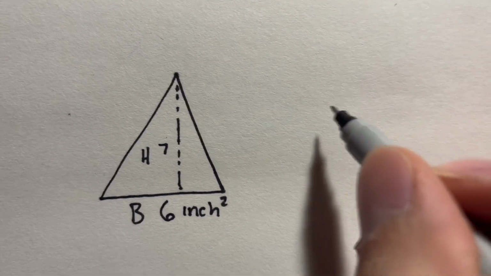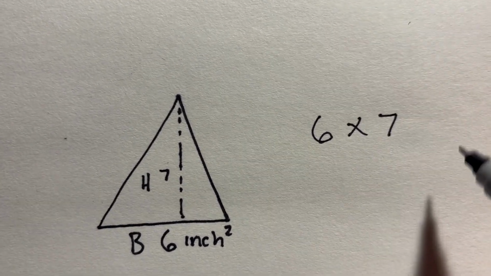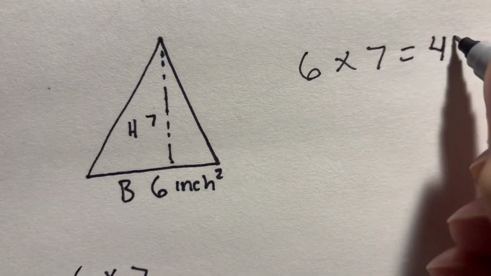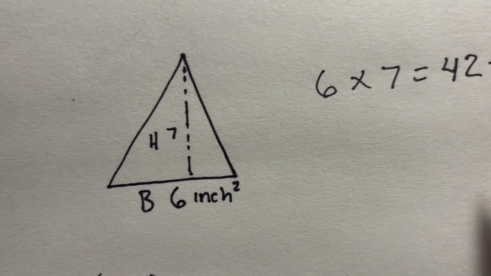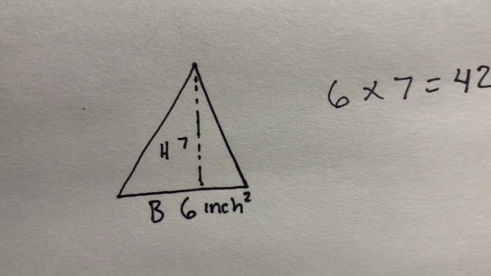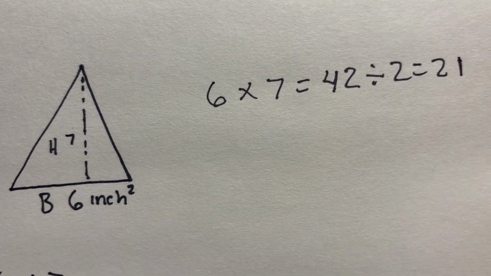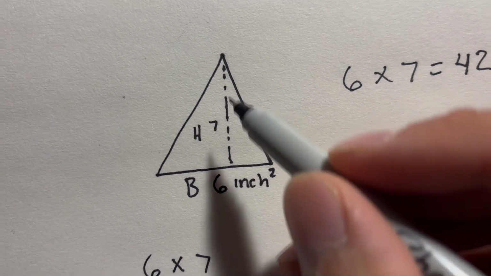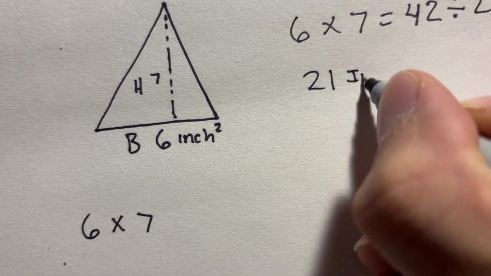Base is 6, height is 7, so 6 times 7 equals 42, and then divided by 2, or 1/2, it's the same thing, gives you 21. Oops, sorry, gives you 21, like so. So therefore, this triangle can fit 21 square inches.